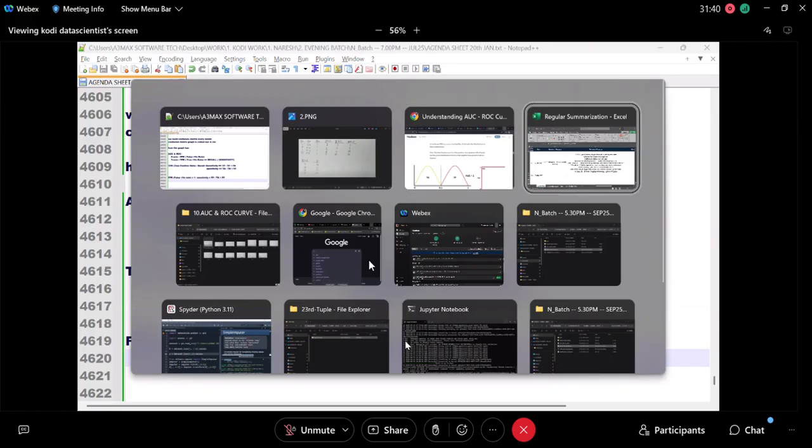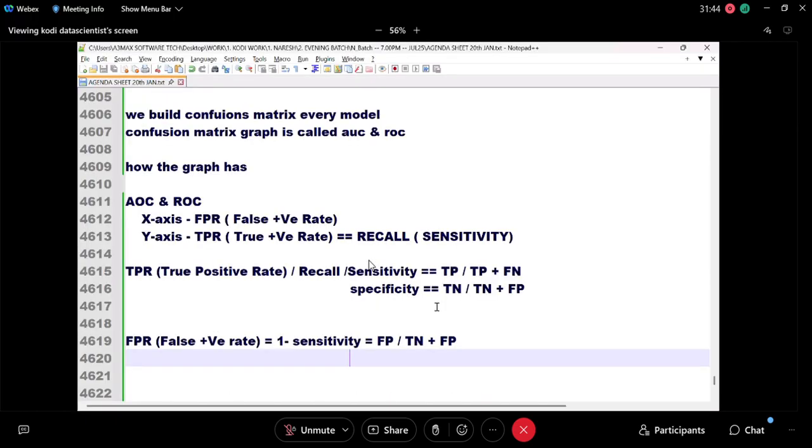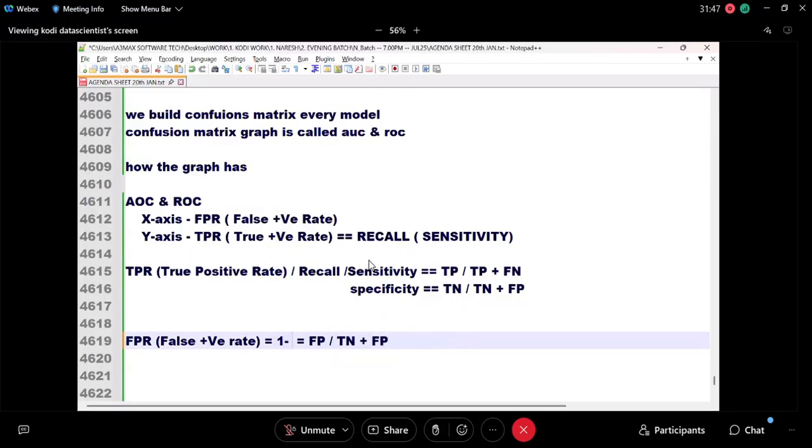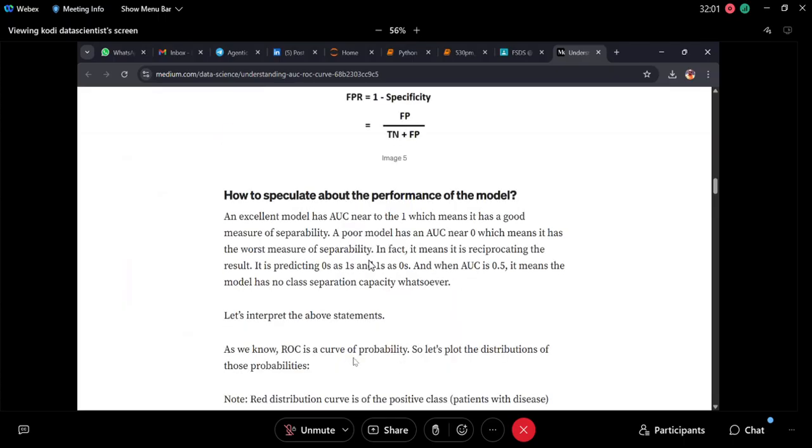One second. Is it 1 minus sensitivity or specificity? I'm sorry, 1 minus specificity. Yes, thanks. 1 minus specificity. You need to remember this formula because we have code from sklearn.metrics import. You have to recall this, guys.